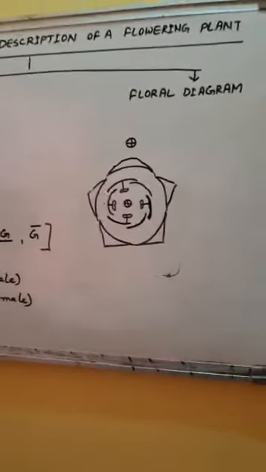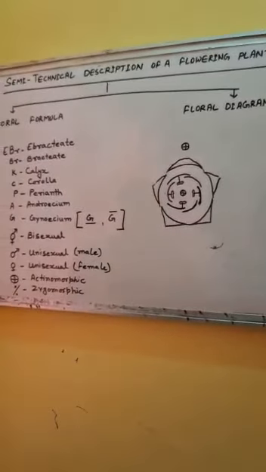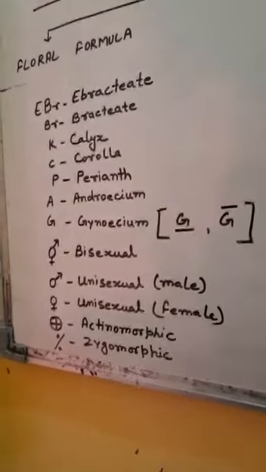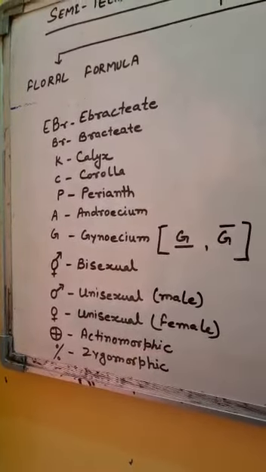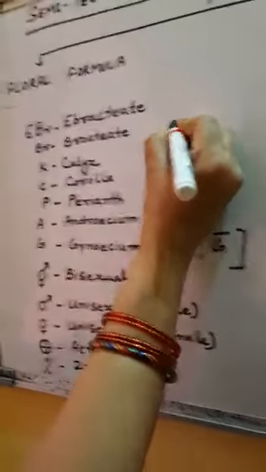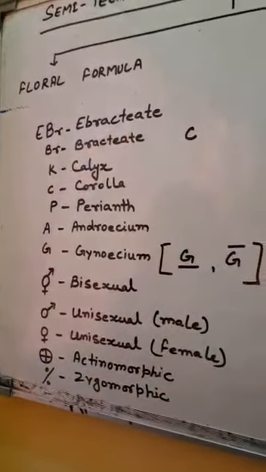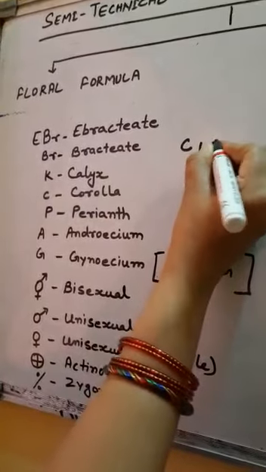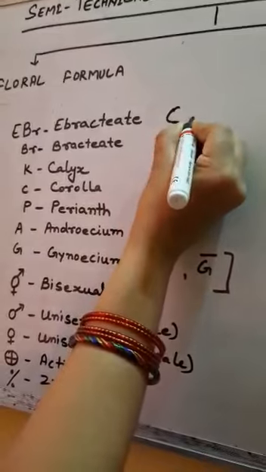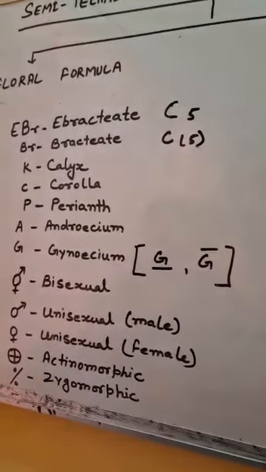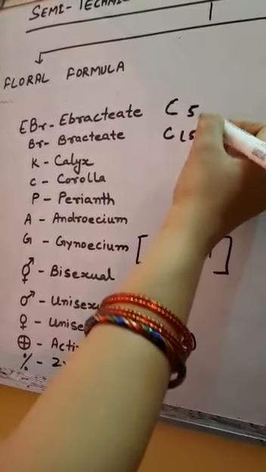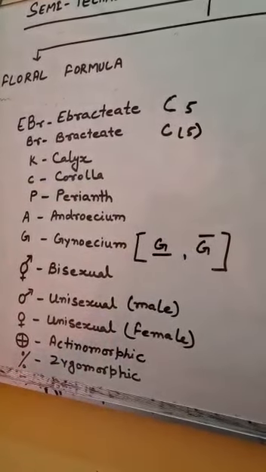In case of floral formula, fusion of any floral part is expressed by putting the figures within brackets. Like if 5 corollas are there which are fused together, we will write in such way. If corollas are not fused together, we will write in such way. So this is gamopetalous and this is polypetalous condition.